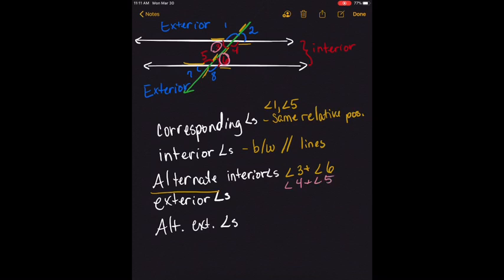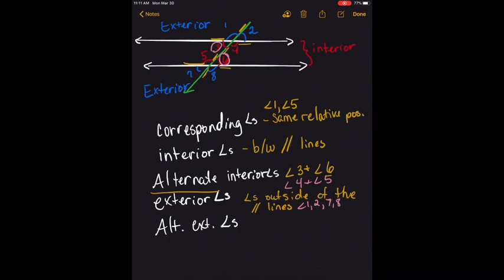Okay. The exterior angles are angles that are outside of, whoops, I'm going to switch back to yellow. Angles outside of the parallel lines. So our examples are angles 1, 2, 7, and 8.